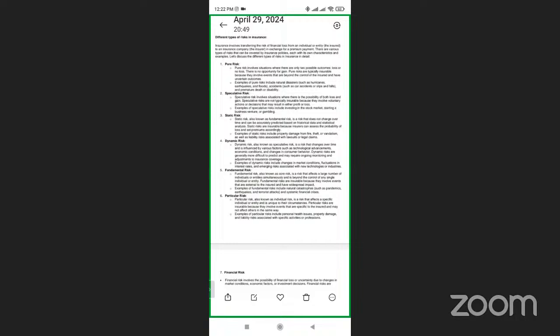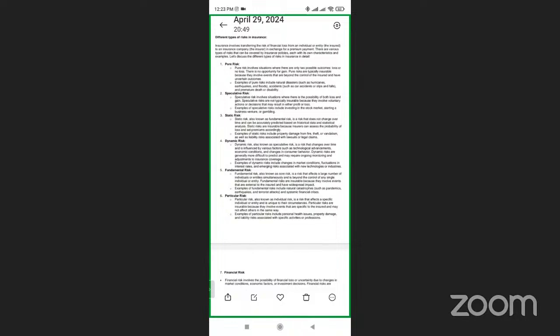Then comes particular risk. Particular risk basically refers to the risk which is attached to an individual. Therefore, it is otherwise known as individual risk, and the happening of such risk affects one particular individual, one specific individual or entity, and it is unique to their circumstances.